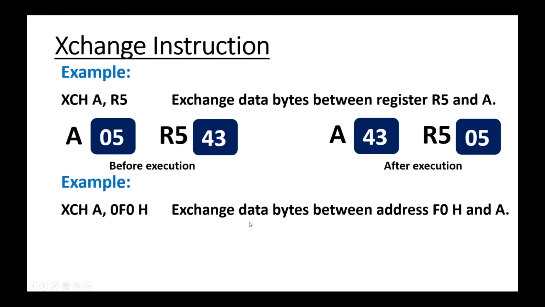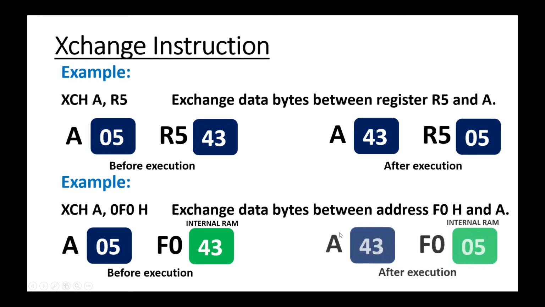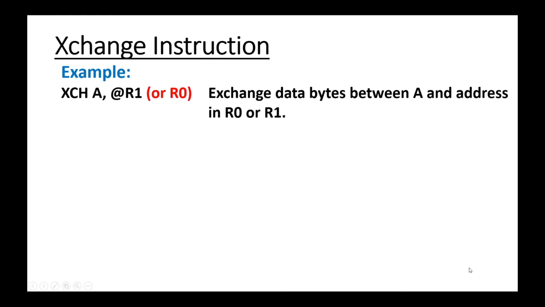It exchanges the 8-bit data between address F0 and accumulator. Let's take the values over here. A is having 05 and F0 is having 43, both 8-bit data. After execution, as you can see, the values are swapped. Now accumulator is having 43 and F0 memory location is having 05.